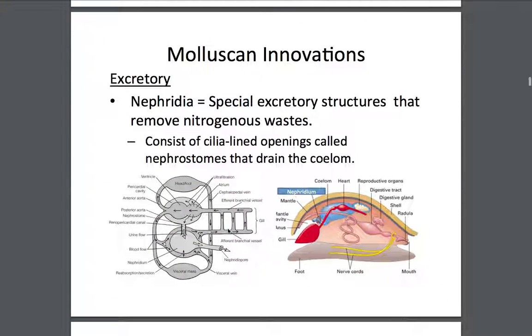Excretory systems are one of the most exciting big changes in this group. The coelom is reduced and surrounds the heart, but that coelomic space is used as a location for sequestering nitrogenous wastes. So nitrogenous wastes get picked up in the hemolymph and moved back through the heart.